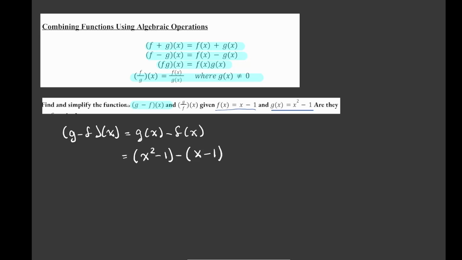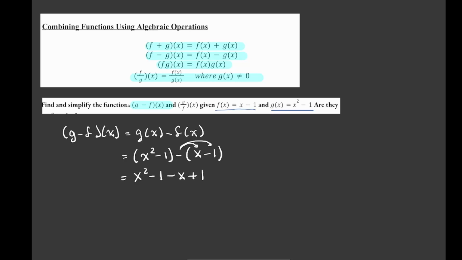Now I simplify by getting rid of the parentheses and combining like terms. The minus sign goes to every term inside the parentheses, so I have x squared minus 1 minus x plus 1, because a negative times a negative is a positive.